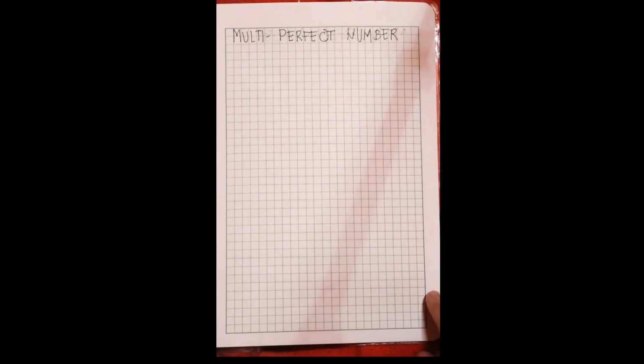In this video, you will learn how to determine whether a number is a multi-perfect number or not. A multi-perfect number is an integer n, the sum of whose positive divisors is a multiple of n.